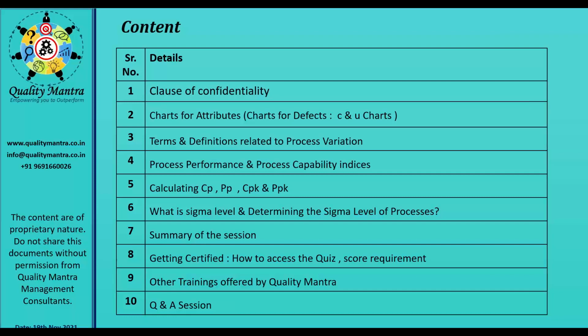You can relate it with the sigma level also. How this CPK and the sigma level are related, that we are going to show you. Then we will summarize this session and let you know how you are going to get the certification, what the requirements are, how to access the quiz and the training material on our website also.